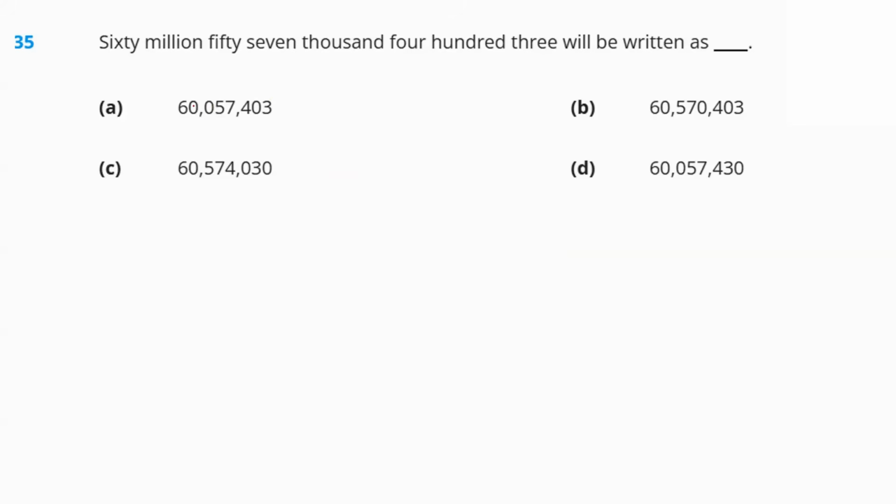Question number 35 is a number written in words. You just need the short form for this. 60 million, that means it's the international system.